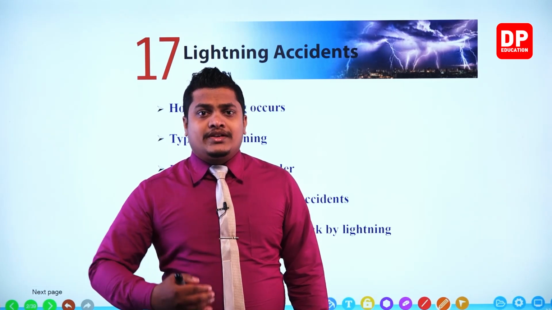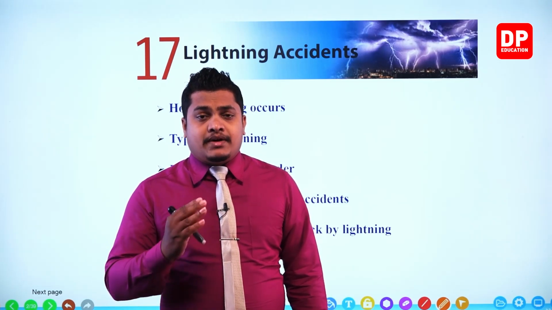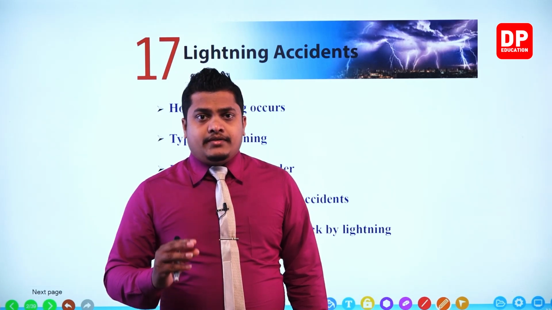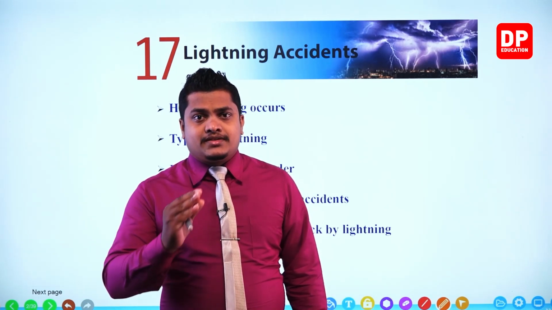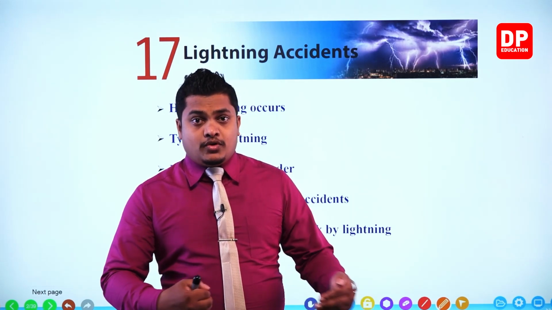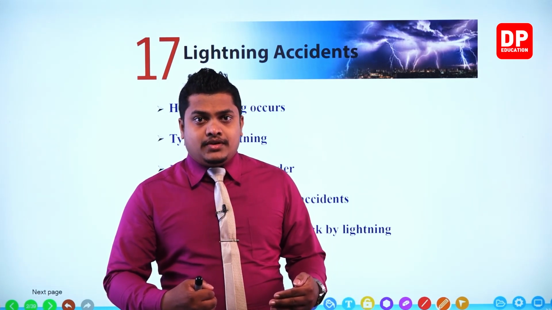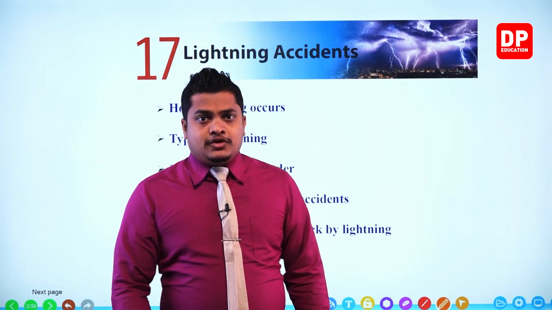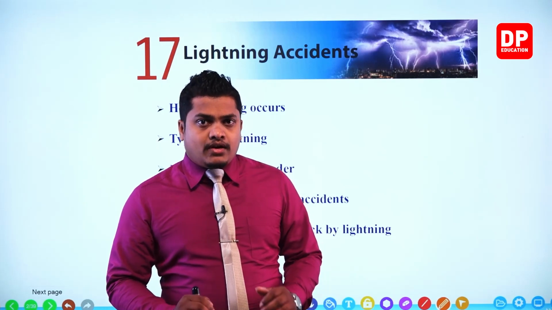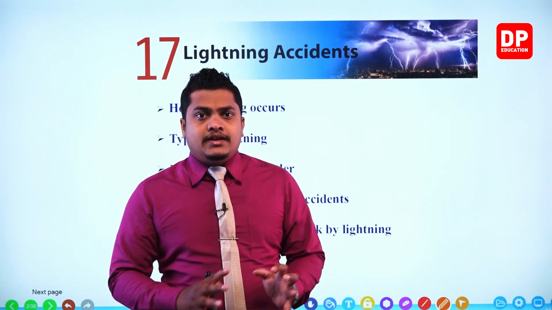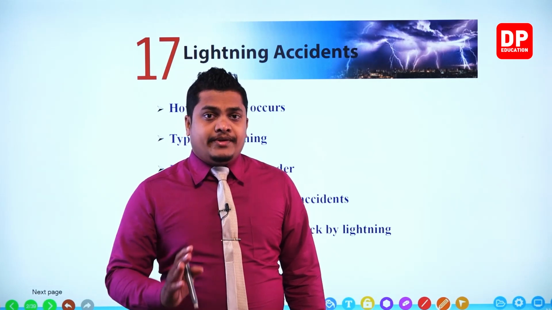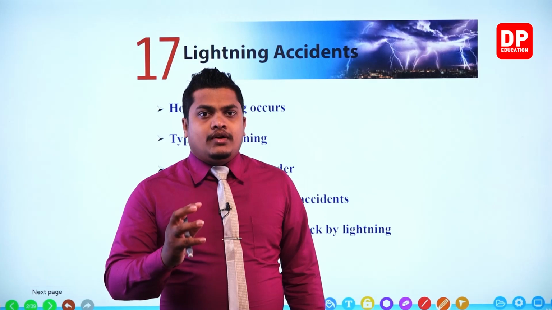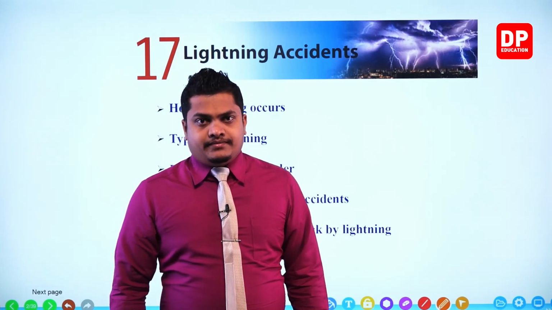We are learning to get knowledge about lightning, and by using that knowledge, we are going to minimize the risk of getting struck by lightning, because we have a sound idea about the process of lightning.